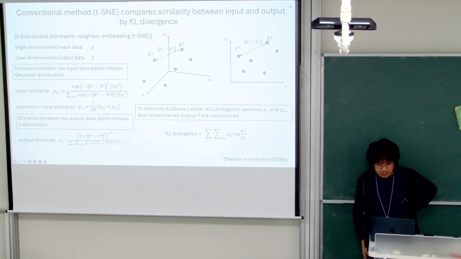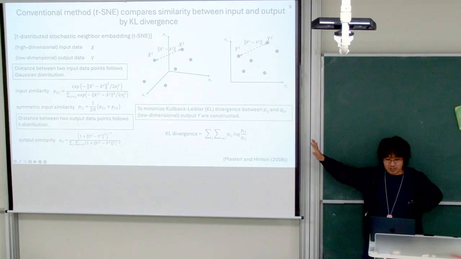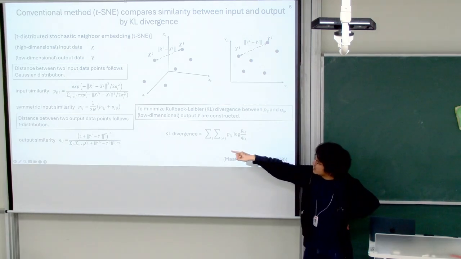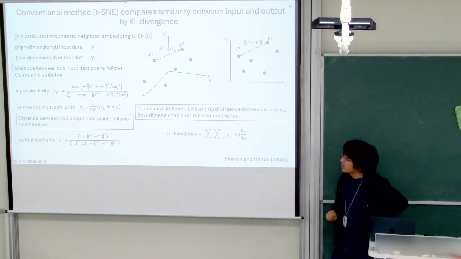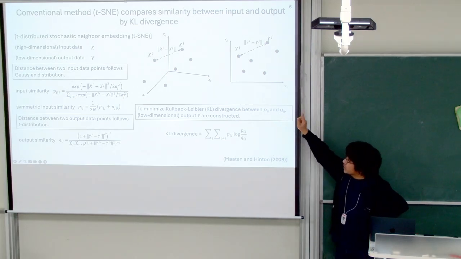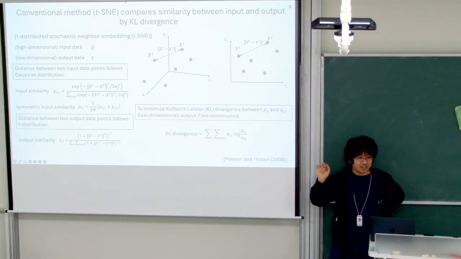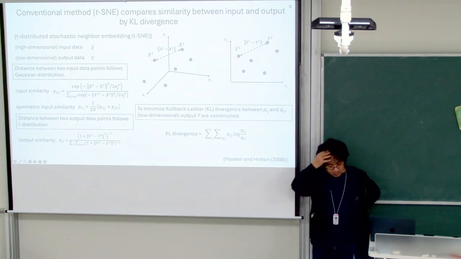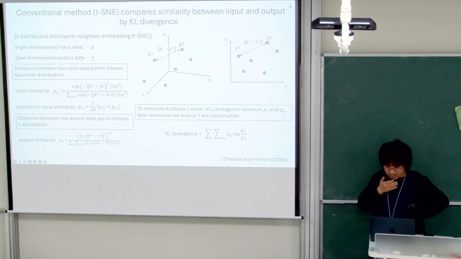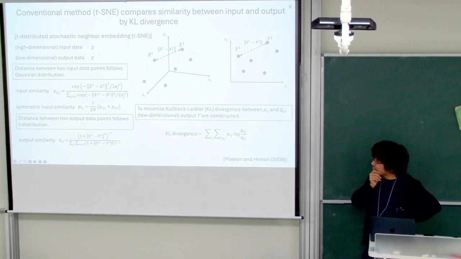Then, to minimize the Kullback divergence between input similarity and output similarity, the low-dimensional output data Y are constructed by using backpropagation.